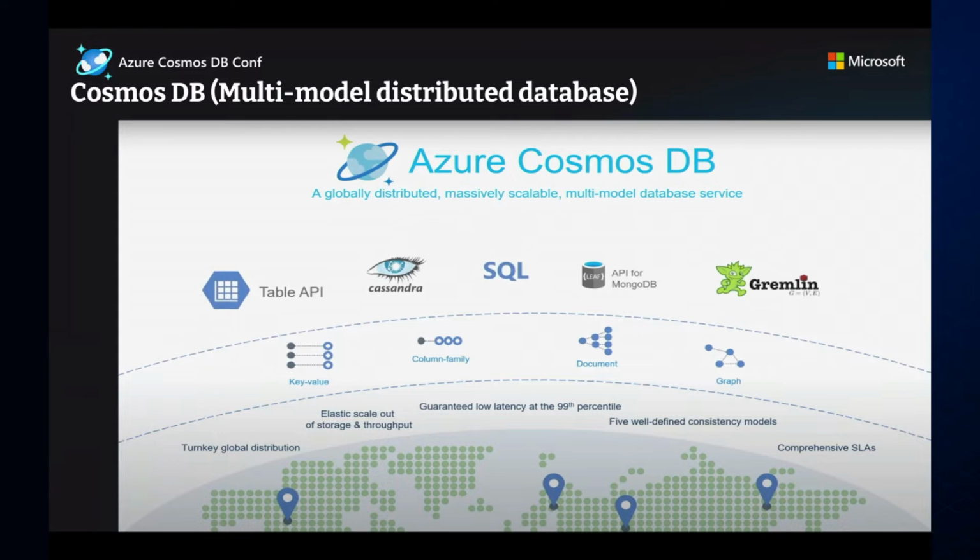For column family, we have the Cassandra API, and for key value, we have the Table API. Having said that, we can always target existing Mongo and Cassandra applications to seamlessly migrate to Azure Cosmos DB. One last thing, Cosmos DB is a fully managed service and provides an SLA with, I would say, five nines, which is pretty high compared to other data store options.